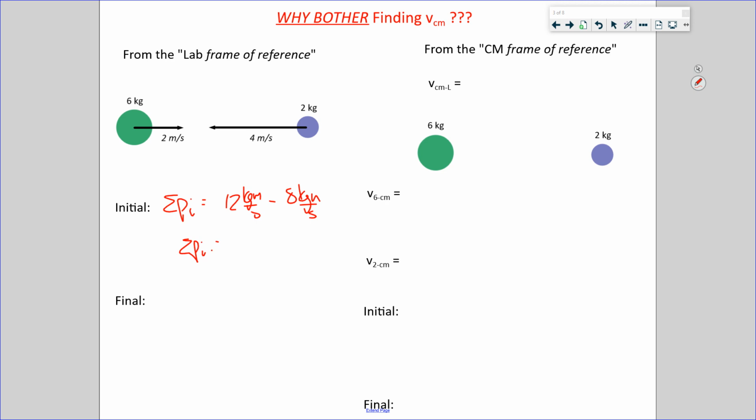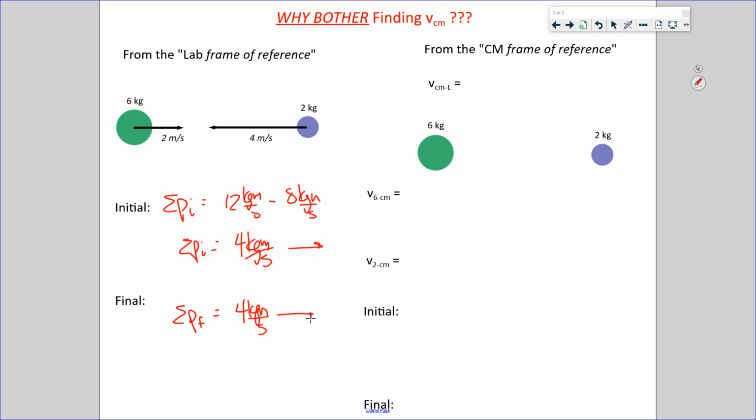The net p initial of the system is 4 kilogram meters per second to the right. Conservation of momentum says that this system's final momentum is going to be 4 kilogram meters per second to the right at some final instant, whenever that is. The final instant is typically after they collide, but it can be any time.